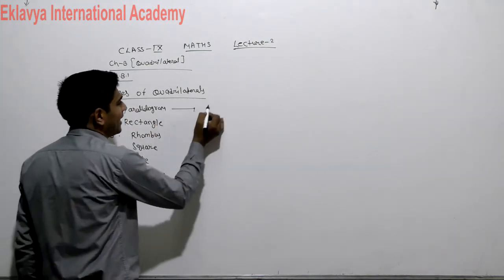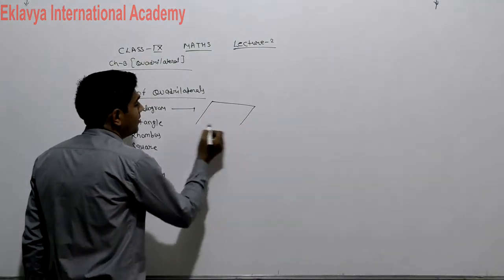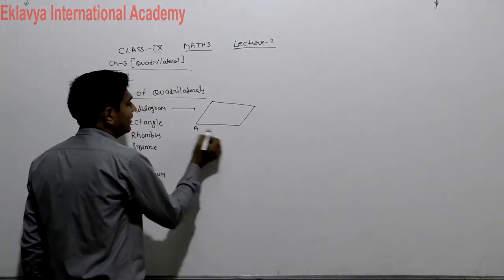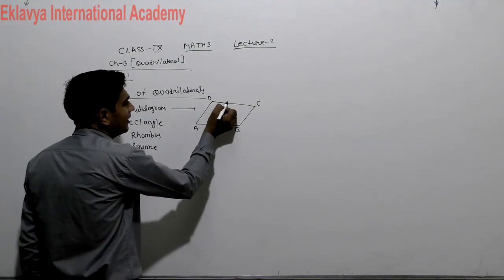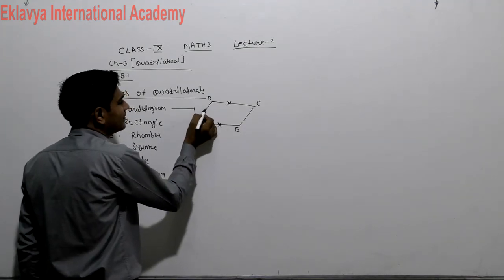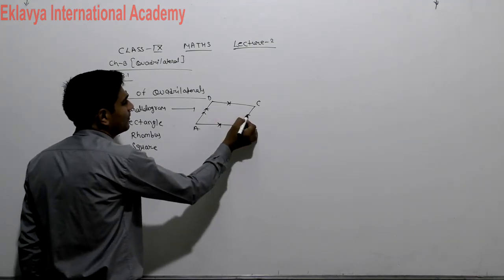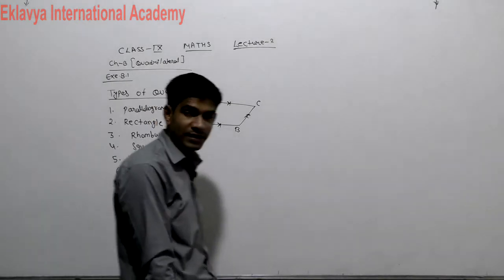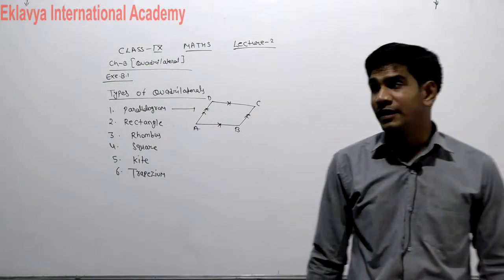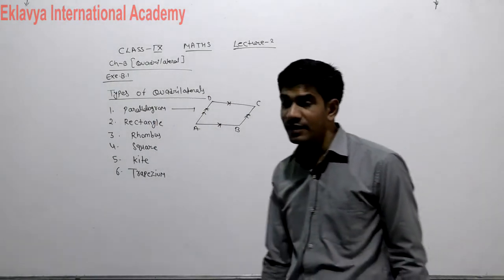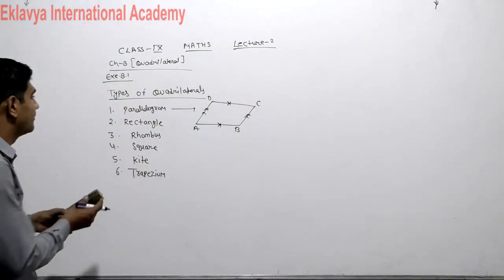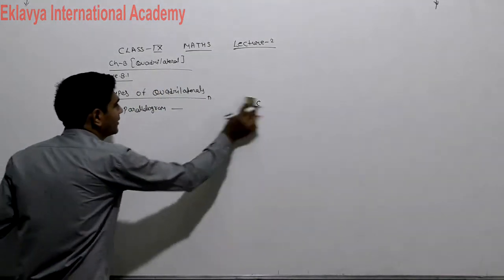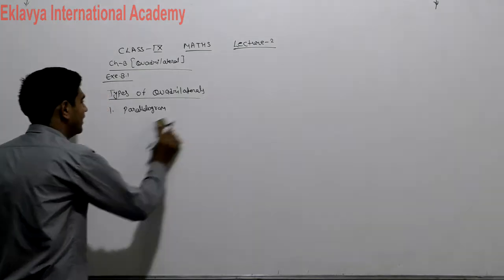Now first, the parallelogram. In parallelogram properties, ABCD is the parallelogram. Then its opposite sides are equal and parallel. So now we will discuss one by one the properties of all. First we will discuss the parallelogram.